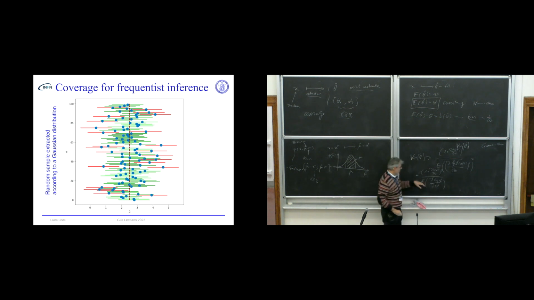We will use this quite a lot. So the variance cannot be smaller than a certain bound if the estimator is consistent.